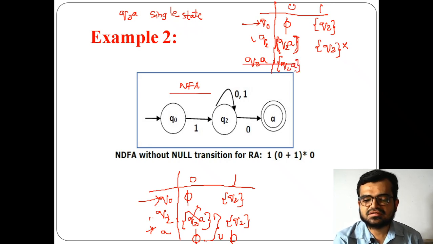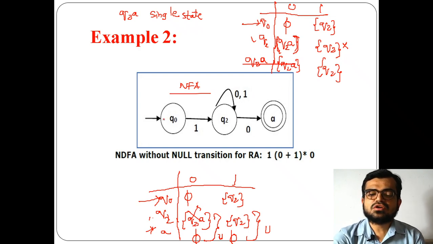This is my single state. Now what is the next state I should take further? Q2A. A here is phi. Now I have to perform the union operation on this one. So Q2 and phi, union operation means simply Q2 only. So here I am writing Q2.